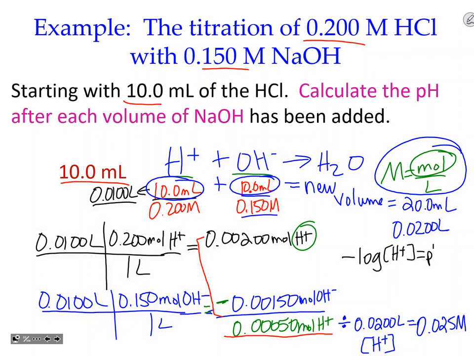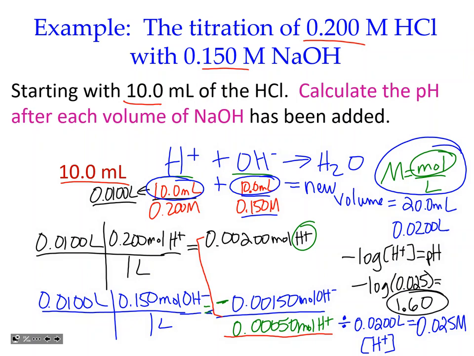It's going to give us our pH. So what is the negative log of 0.025? Yay, that's correct. 1.60. Looks good to me.